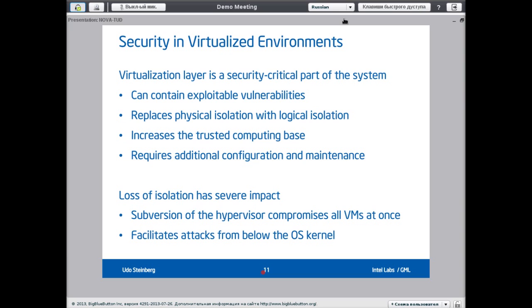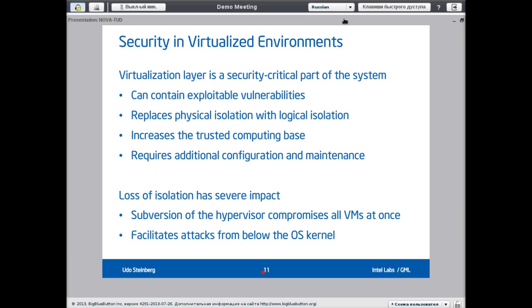So nothing is bug-free. Another point is if you start consolidating multiple physical machines into virtual machines that are now running on a single hypervisor, then you replace physical isolation with logical isolation. And of course, the hypervisor itself, that piece of software, contributes to the trusted computing base. So the overall trusted computing base for stuff running in the virtual machine increases.